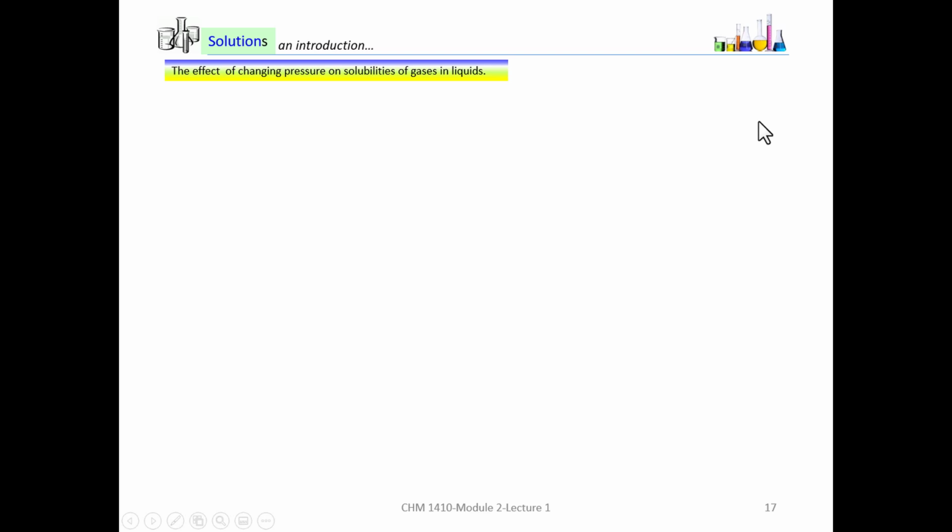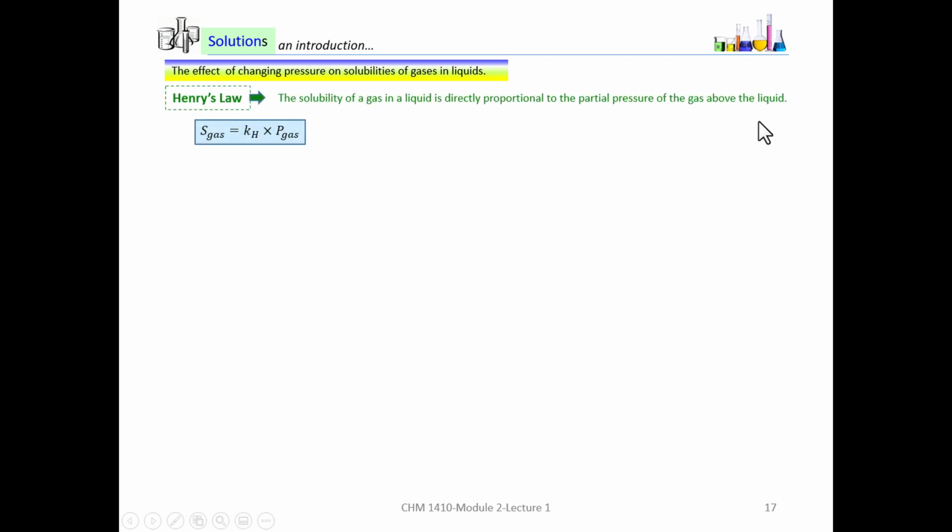While we're on the subject of gases, we also want to take a look at the effect of changing the pressure on solubilities of gases in liquids. Again, we'll work primarily with water. Overall, the solubility of a gas in a liquid can be described by Henry's law.